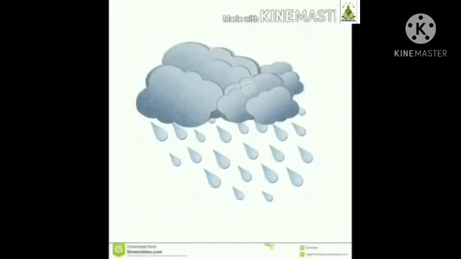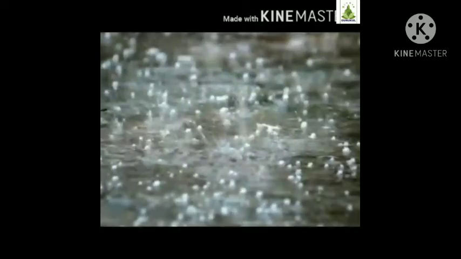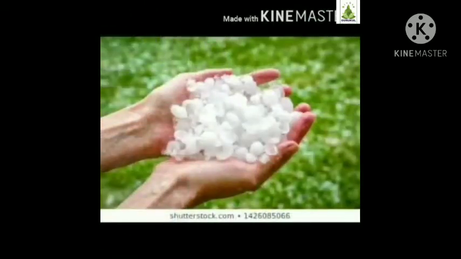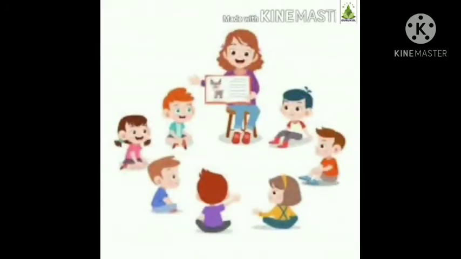But in this situation, there is not just water, but even small hard balls of ice. Seeing this rain, we say it has started hailing. The small hard balls of ice are called hailstones. But kids, do you know why it hails in the hot summer season?